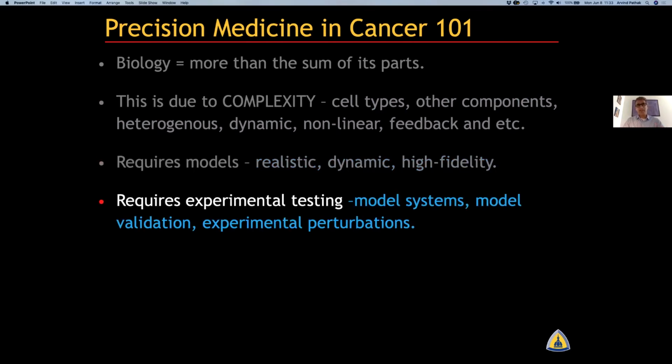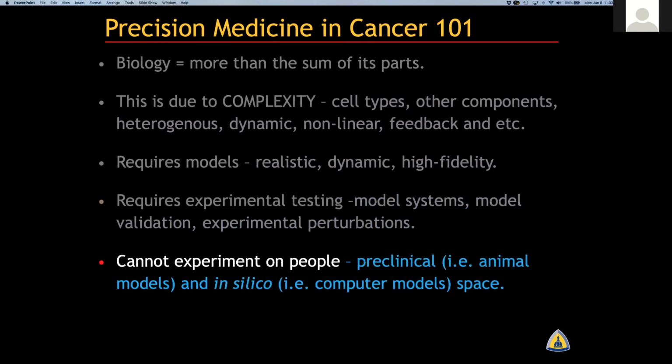Often these model systems require very rigorous testing. We need to validate them to make sure that they're behaving like we expect. And then we need to be able to perturb them either with a drug or with some kind of therapy that mimics what we'd expect to see in a patient population.